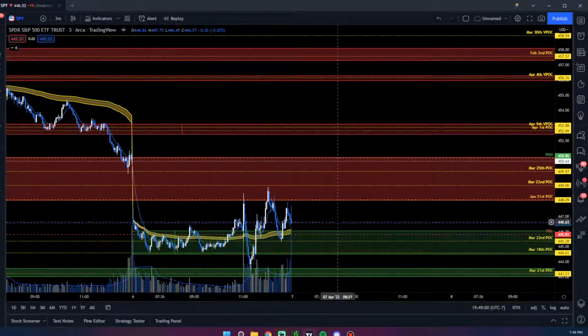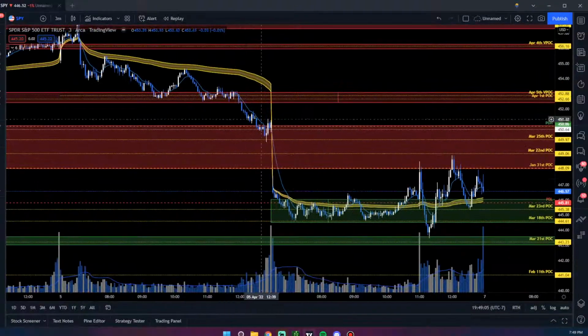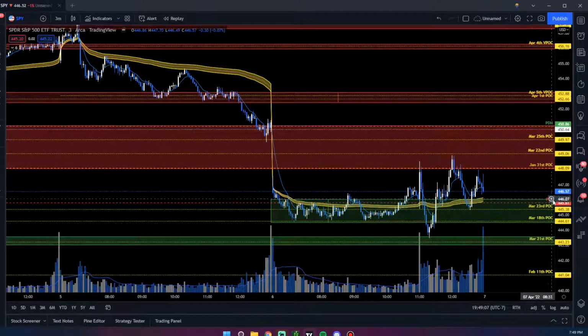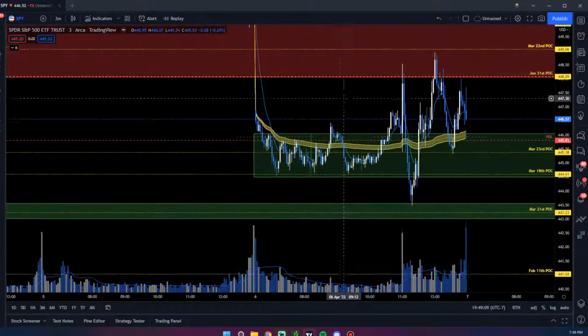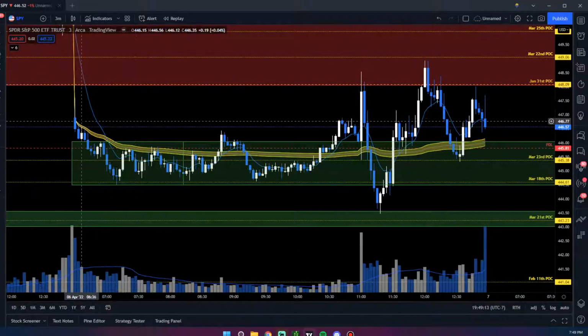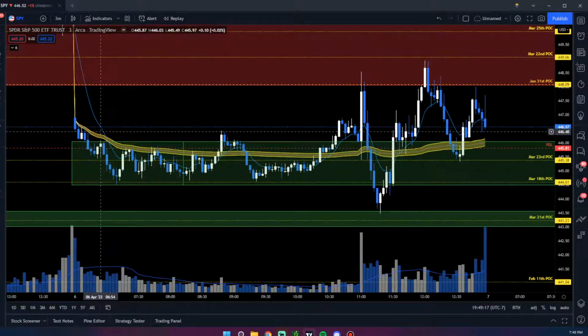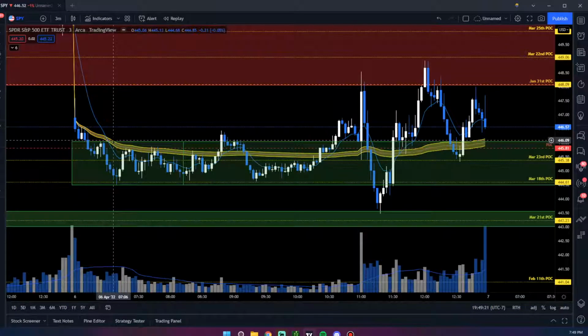But so the 9 EMA VWAP cross, this is something Shorty taught me. He does talk about it occasionally. Basically, if you're looking at puts using the 9 EMA and the VWAP, you want the 9 EMA to be below the VWAP, and you want a candle to close below both.